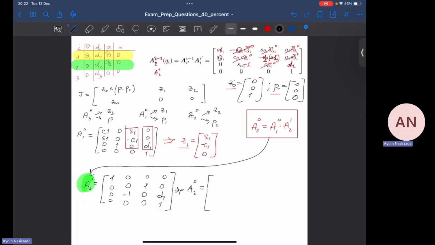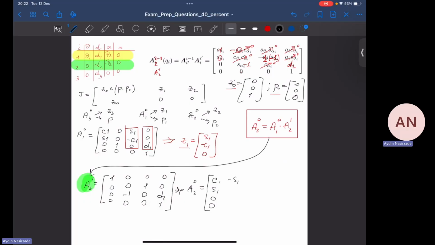So it's going to be cosine of theta 1. Then we have sine of theta 1 here. Then 0, 0, 0, 0. What else? 0, 0, 0, and 0 here. Okay, then we have 0, 0, minus sine of theta 1, 0.